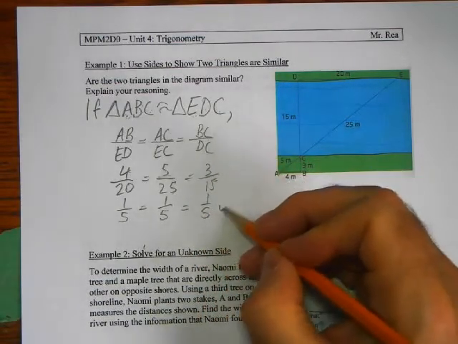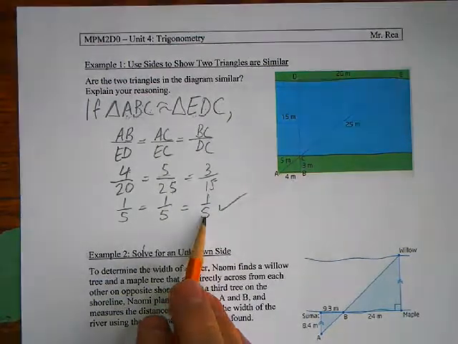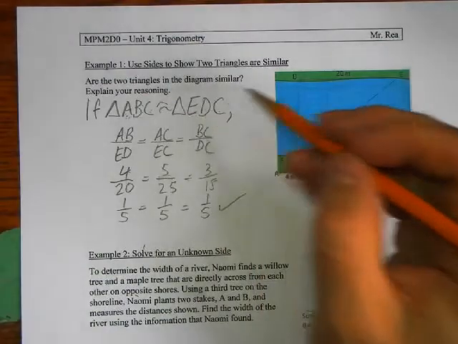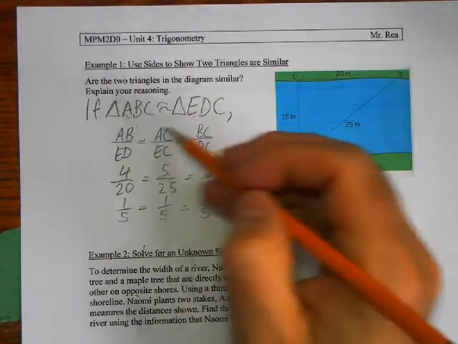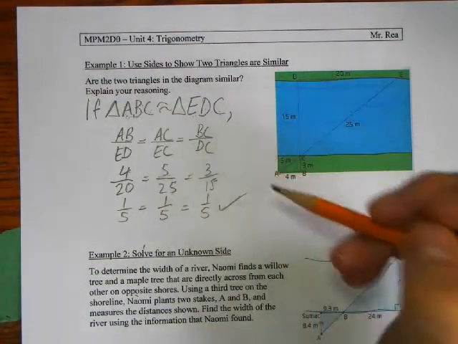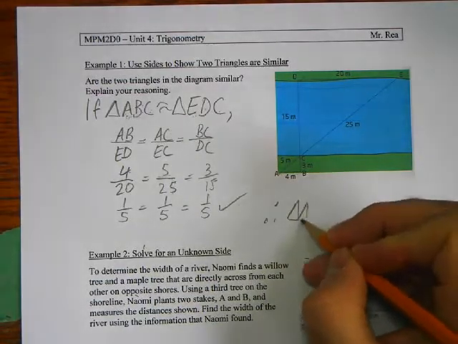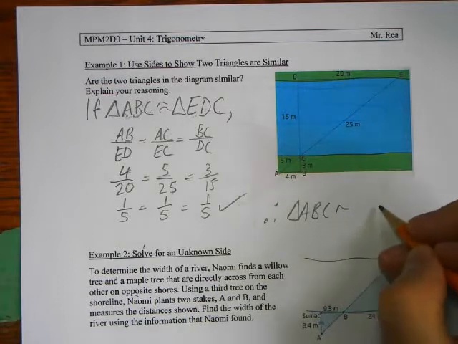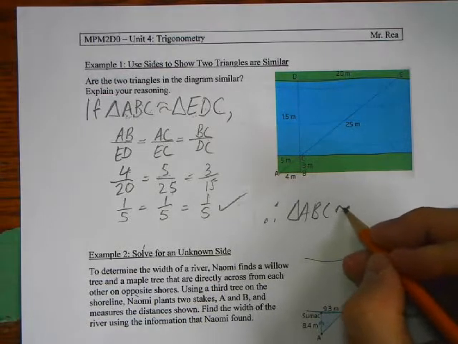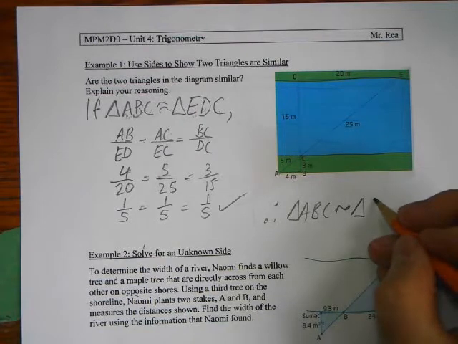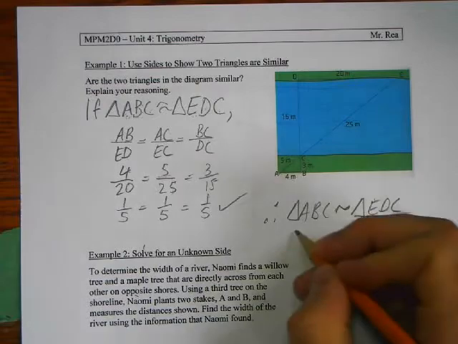So this is a true statement, and since this is true, therefore our assumption at the beginning about these being similar is true. So therefore, triangle ABC, and you can do the one little mark there if you want, or 2. So triangle ABC is similar to triangle EDC in conclusion.